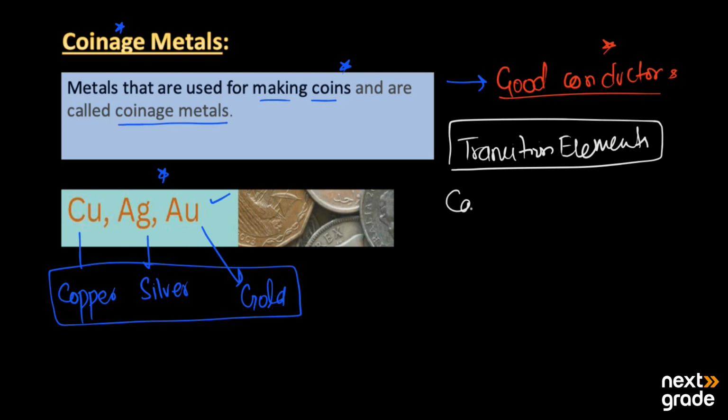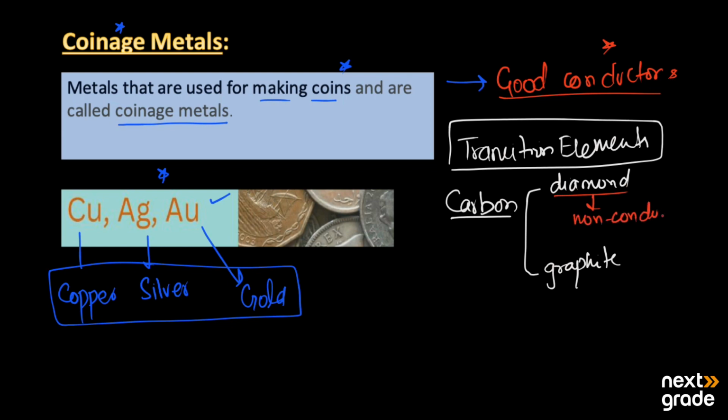For example, carbon has two allotropic forms. The first one is diamond, and then it has graphite. When carbon is present as diamond, it is a non-conductor, but when it is in the form of graphite, it is a conductor.